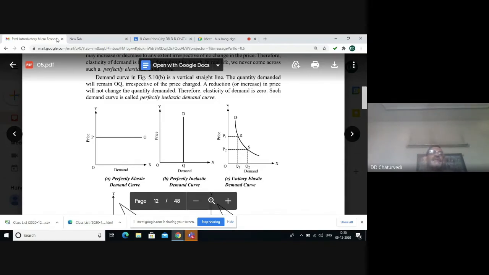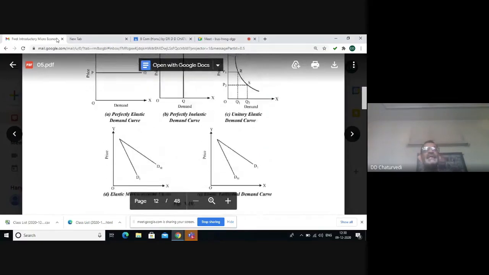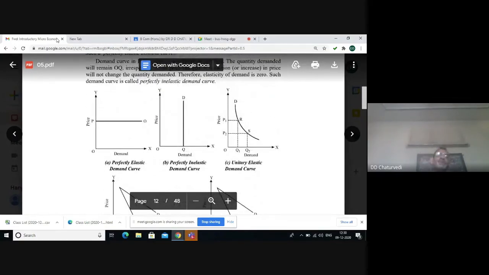So infinity divided by any finite amount is going to be infinity. So even when we apply the point method, the elasticity of demand for figure 5.10a will be infinity at every point.